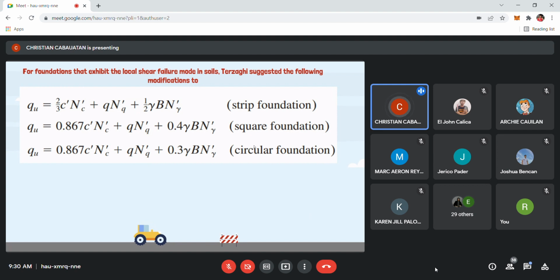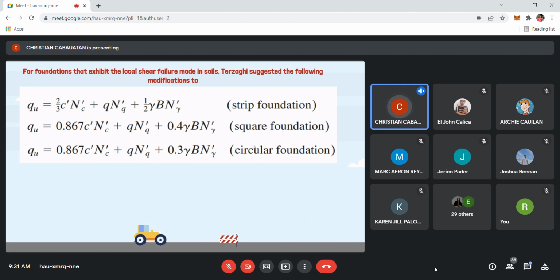Kasi it is mostly used, popular siya sa board exam. Hindi niya sinasabi na what is the cNc, what is qNq, what is gamma B N gamma. Tignan ko mamaya, nakalimutan ko na kasi kung ano yung tawag diyan.